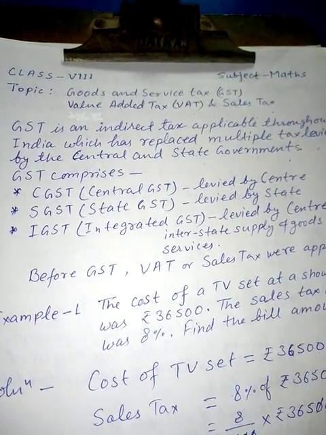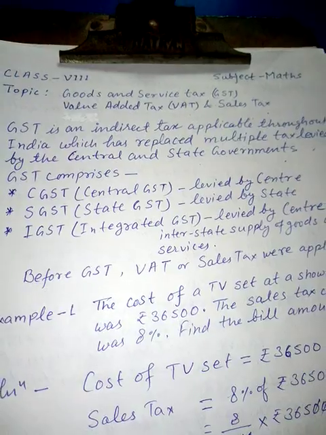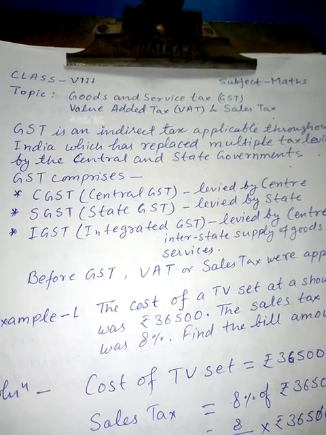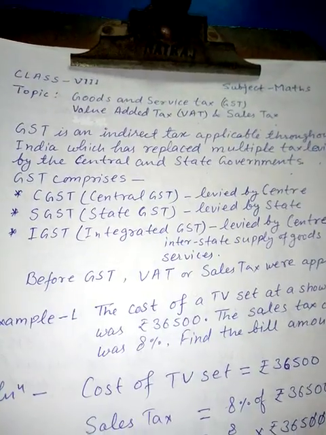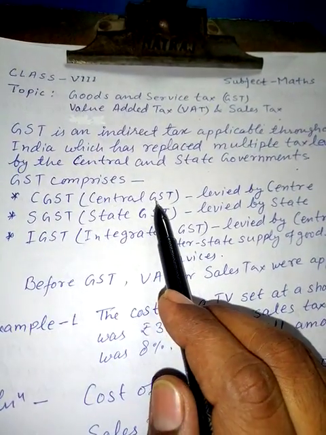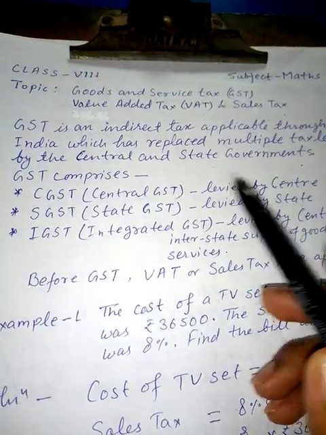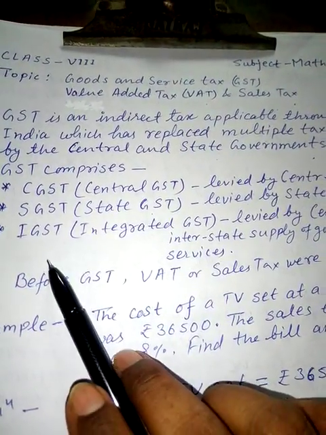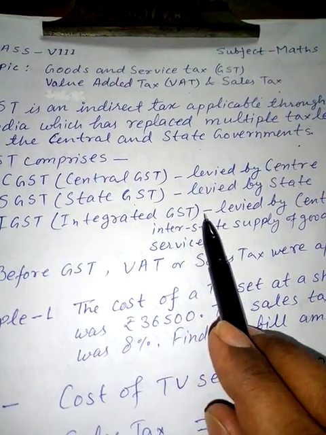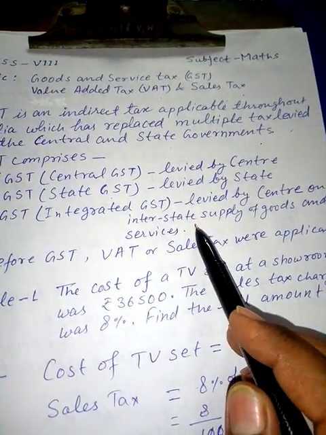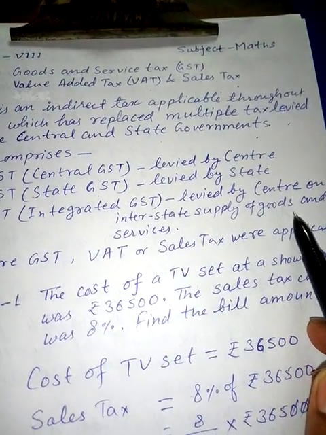Different types of taxes were applicable previously, so these taxes mixed up into one and formed GST. GST comprises CGST, that is central GST levied by the center, SGST, that is state GST levied by the state, and IGST, that is integrated GST levied by the central government on interstate supply of goods and services.